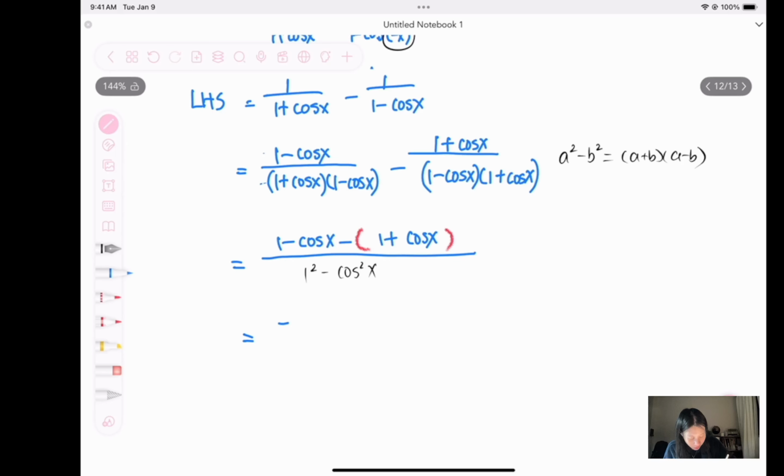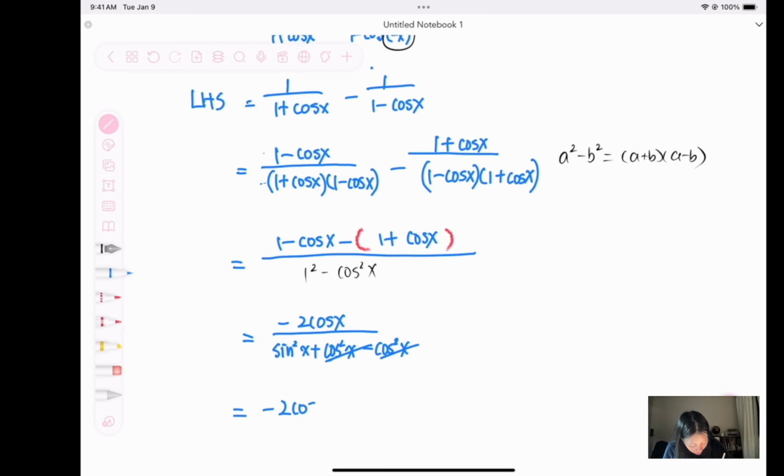I have a negative 2 cosine x. In the bottom, when you see 1, the first thing I think about is sine squared plus cosine squared equals 1. Now, simplify it. Then I have a negative 2 cosine x over sine squared x.